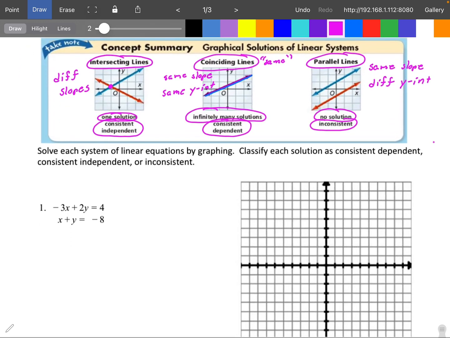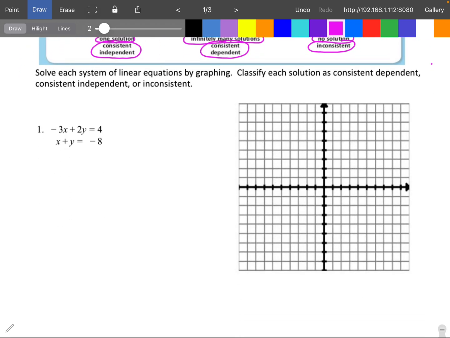So let's take a look at a problem. All right, so the first thing we want to do is to get these equations in slope-intercept form, y equals mx plus b. And I'm going to color code these. So I'm going to make my first one pink and my second one blue. All right, so I'm going to take that pink equation, which is negative 3x plus 2y equals 4.